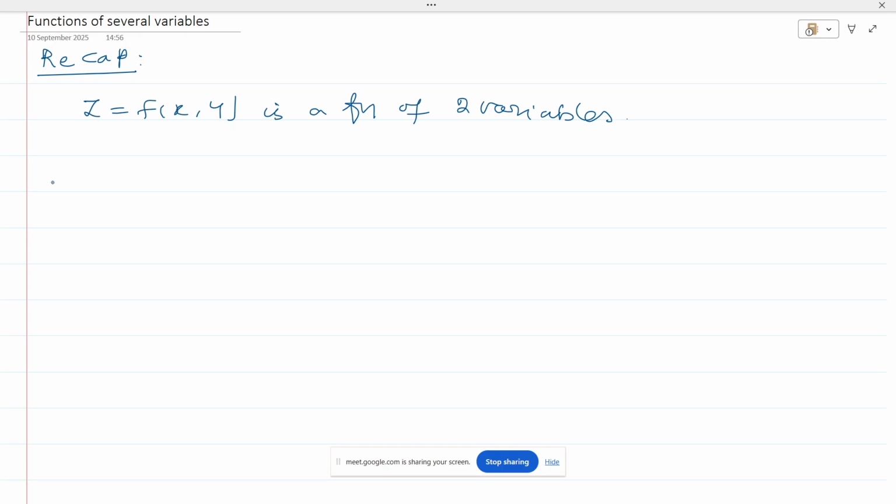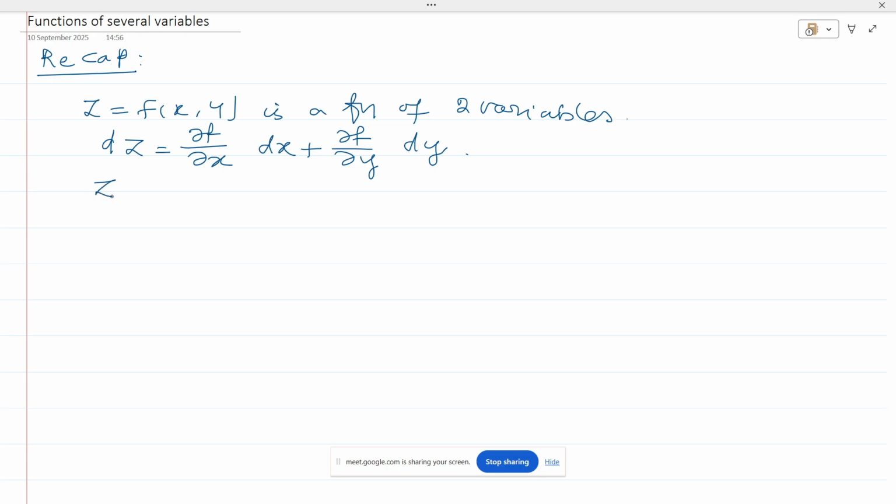Then we have discussed that dz is dou f by dou x dx plus dou f by dou y dy. It is one formula. That formula is known as the total differentiation.